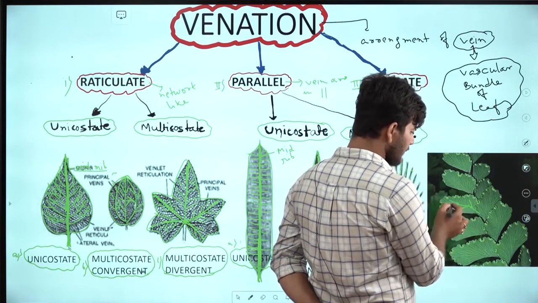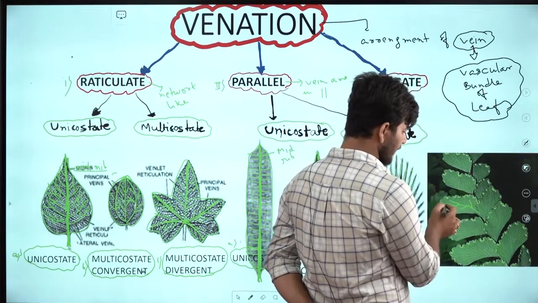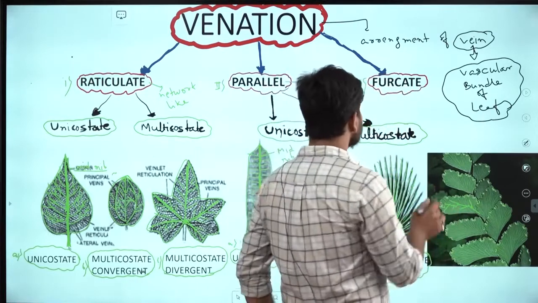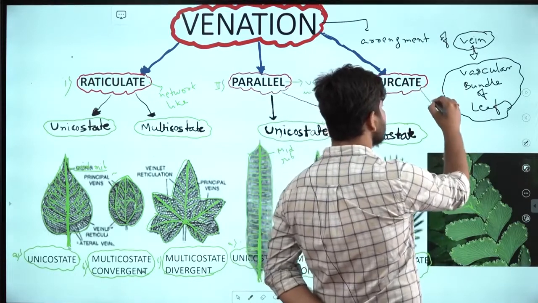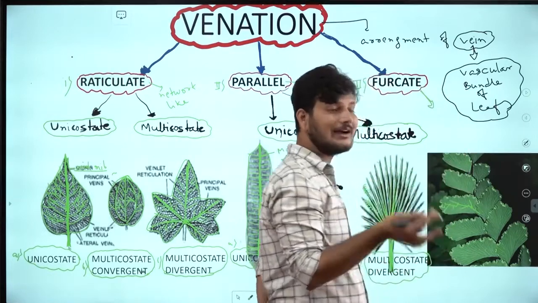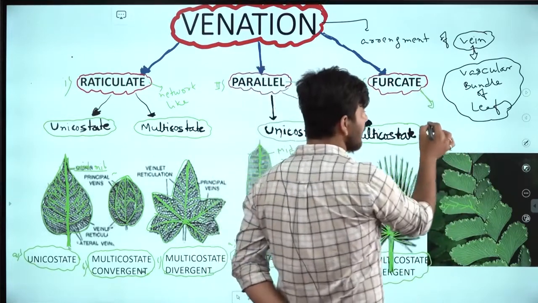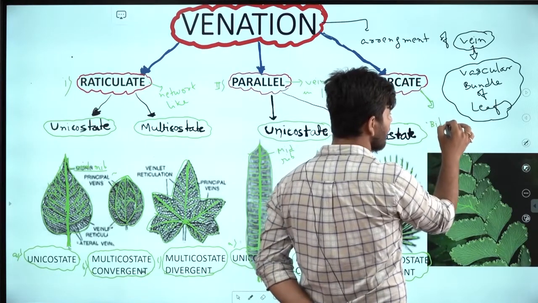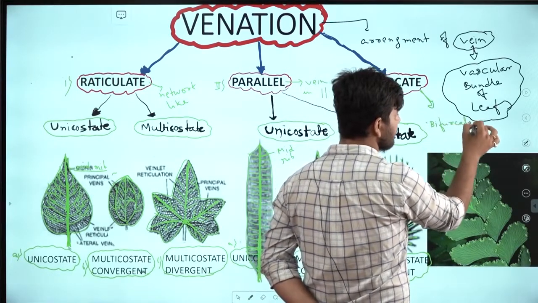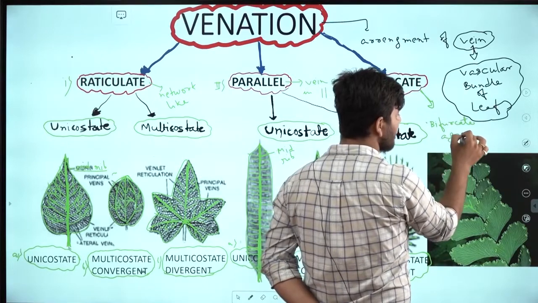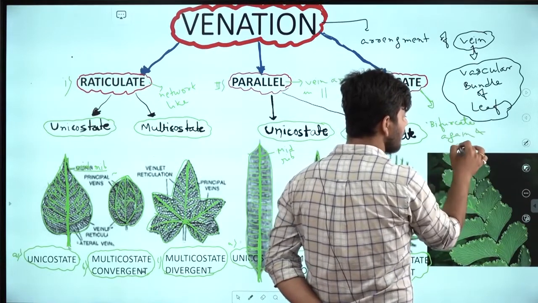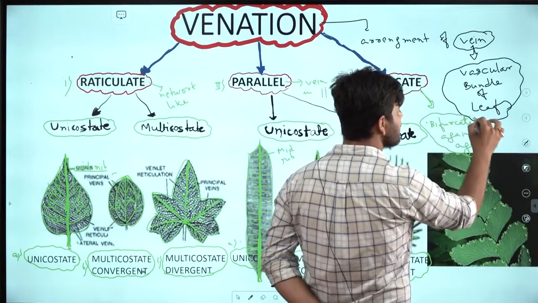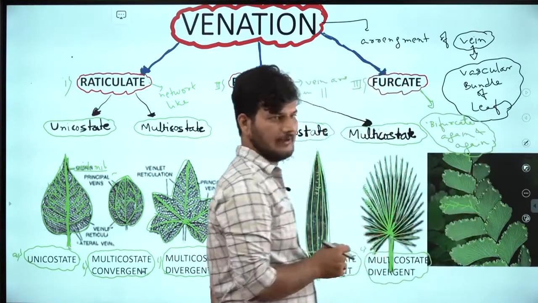The characteristic feature of this type of vein is that it bifurcates again and again. That's why it is termed furcate type of venation.